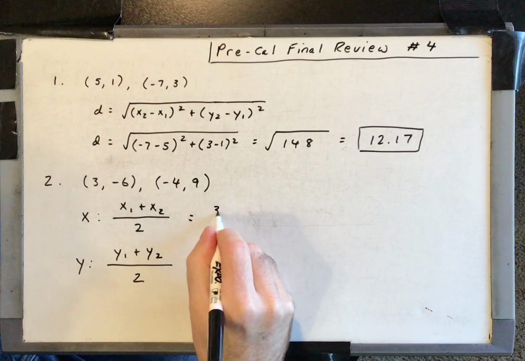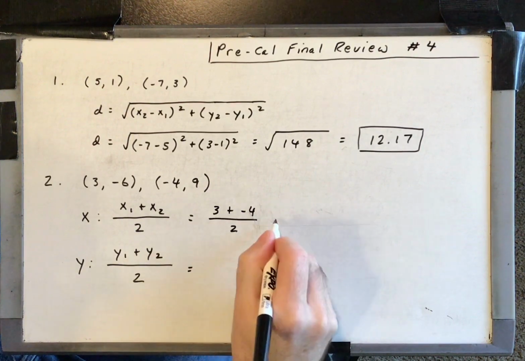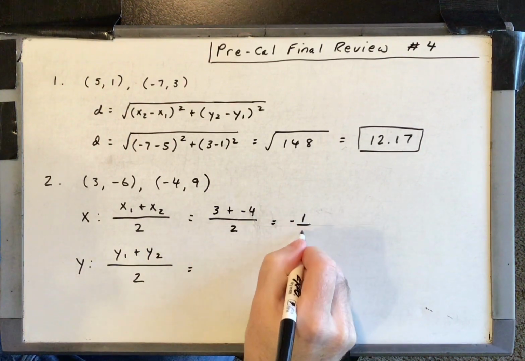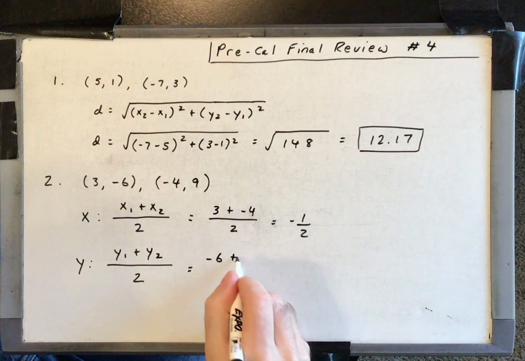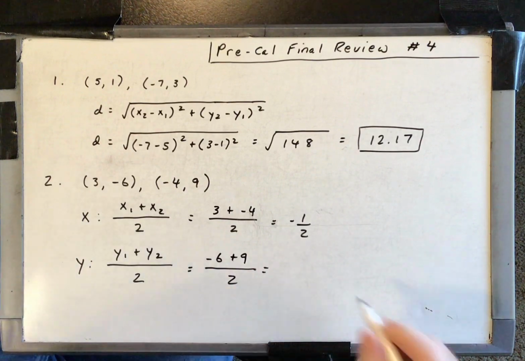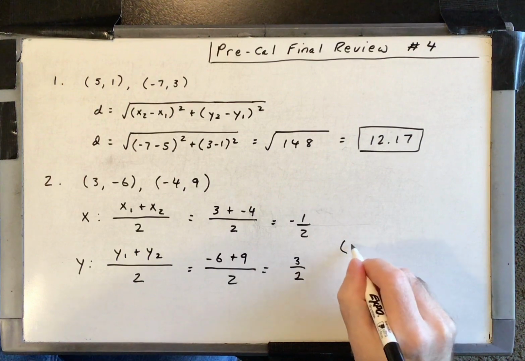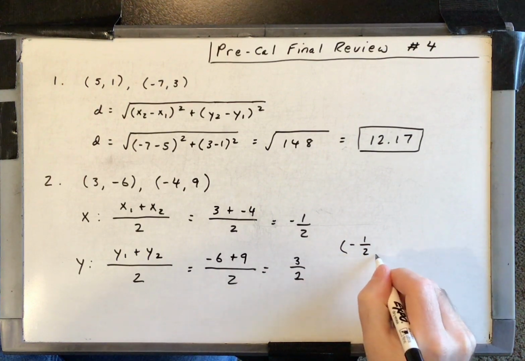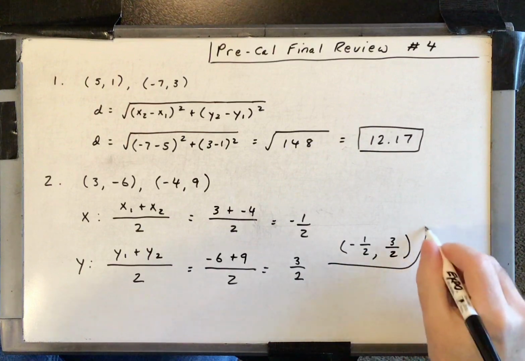So that's going to be 3 plus -4 over 2, that'd be -1/2 for x. And for the y value, -6 plus 9 over 2, so that is 3/2. So you can express this as the point (-1/2, 3/2).